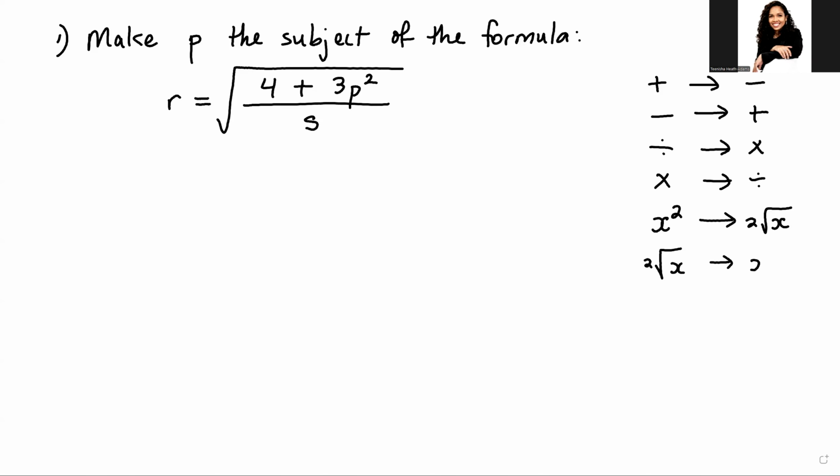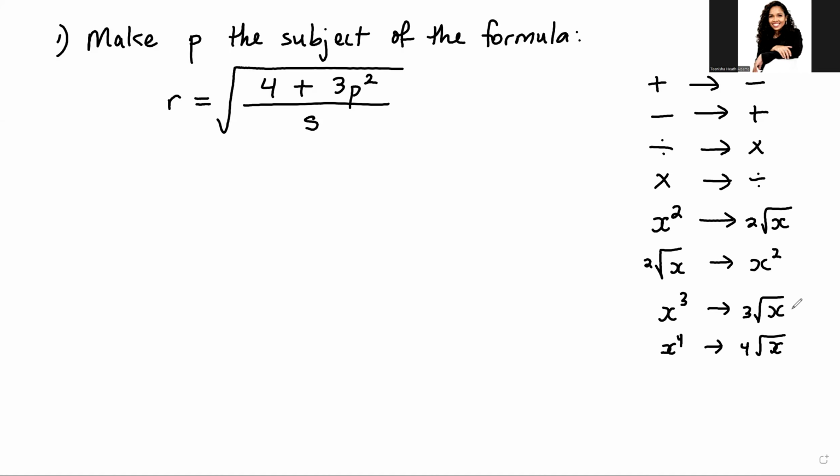And similarly with any root, by the way. If you cube something, then the opposite of cubing will be the cube root. And if you had something raised to the power of 4, the opposite of that will be the fourth root, and so on. But you don't really see questions with the fourth root.